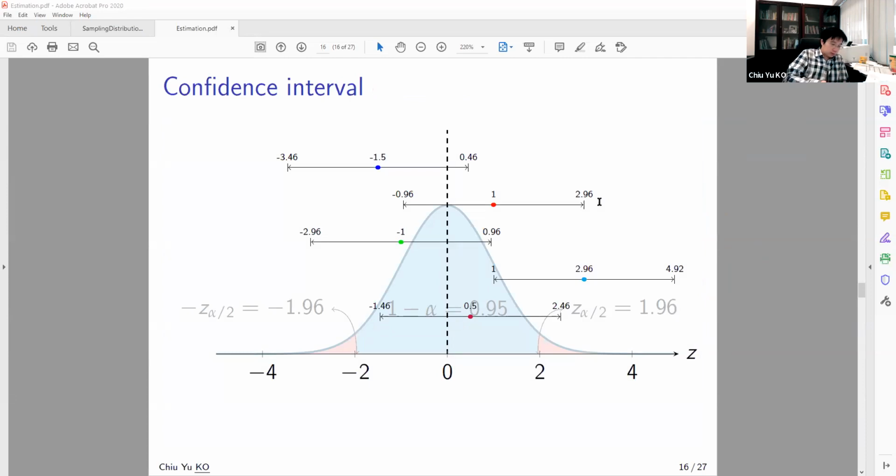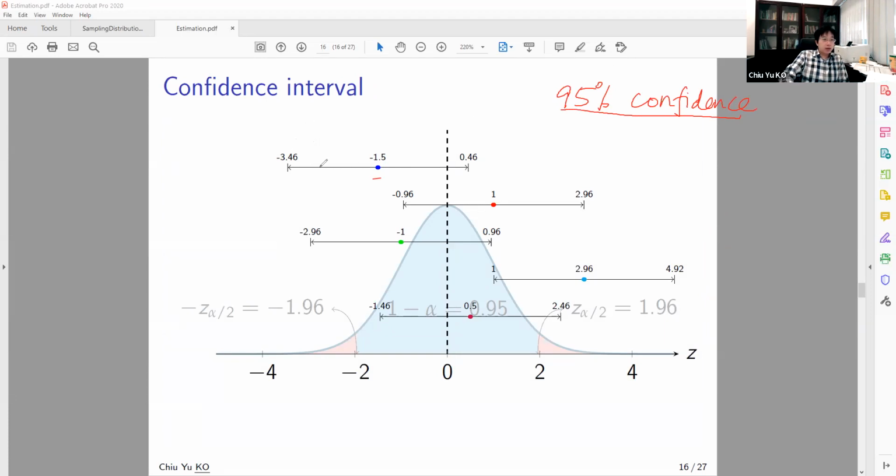Now, what we want here is the graph is the following. So what do we mean by 95% confidence here? An easier way to think is, suppose you have one sample.